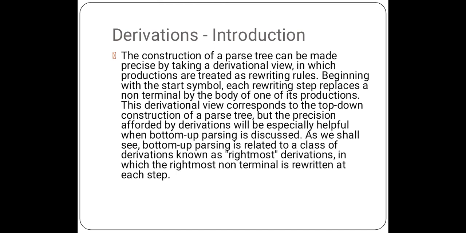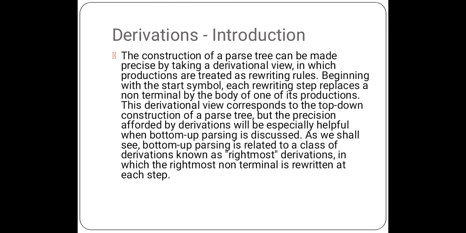So in constructing this parse tree, we are going to use one of the important techniques named derivations. In this derivation technique, we use a grammar named context free grammar.